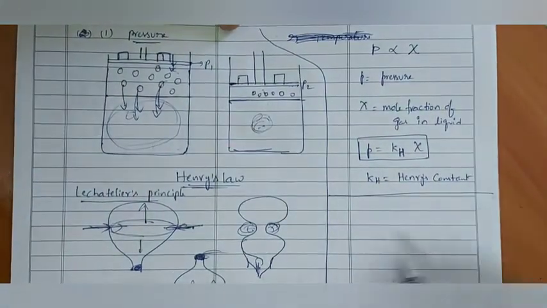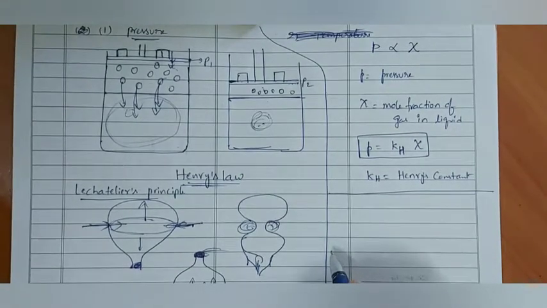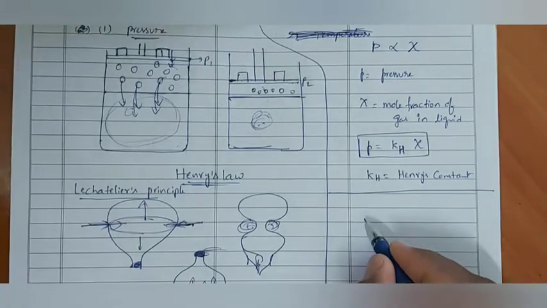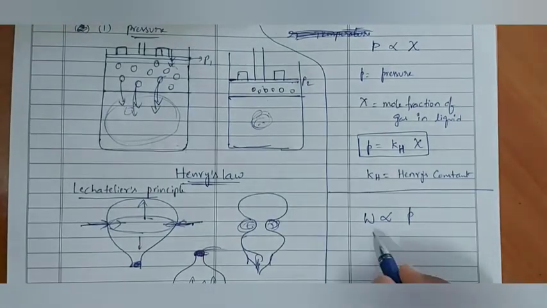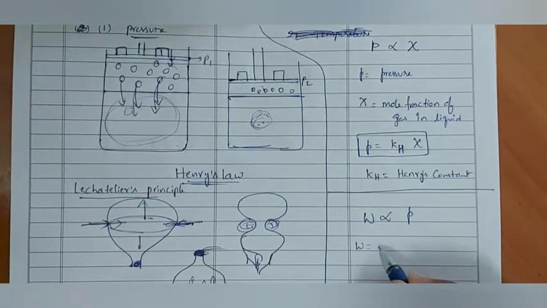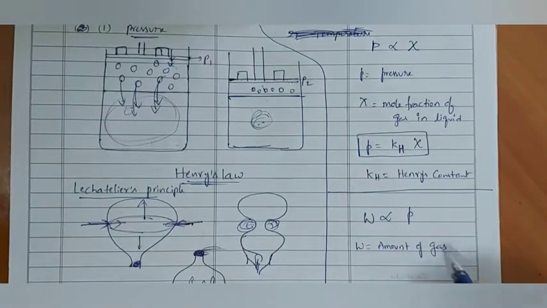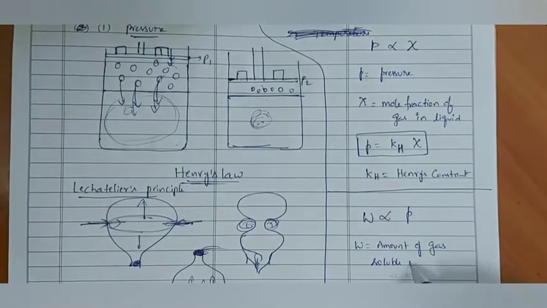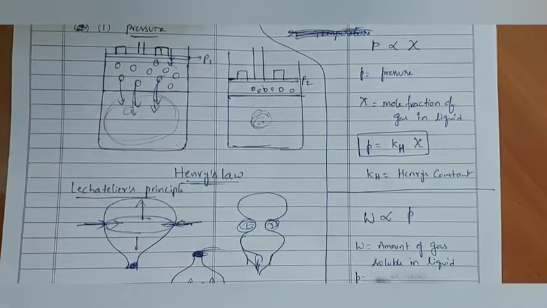This is one type of notation for the effect of pressure on solubility of gas in liquids. One more thing we can write: W is directly proportional to pressure, where W is equal to the amount of gas soluble in liquid, and P is equal to pressure.